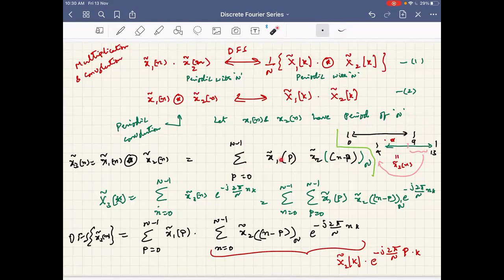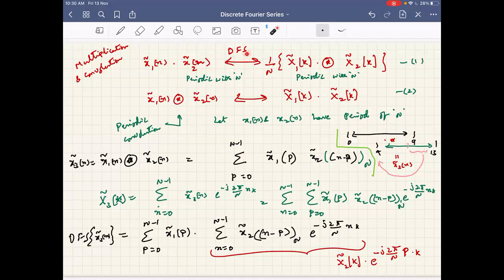So that's what happens in periodic convolution, unlike normal convolution, where you keep sliding this signal, from each non-zero overlap, till you get all the non-zero overlaps. So that is the difference here.